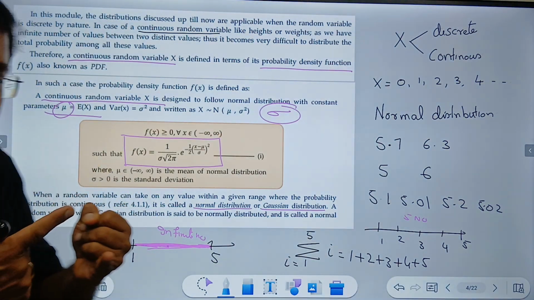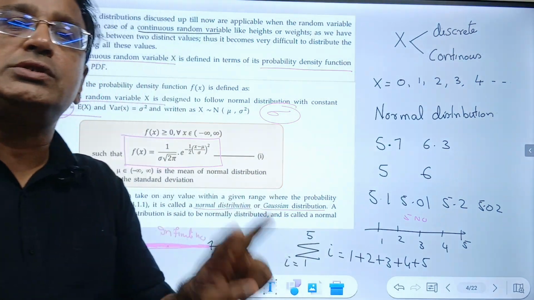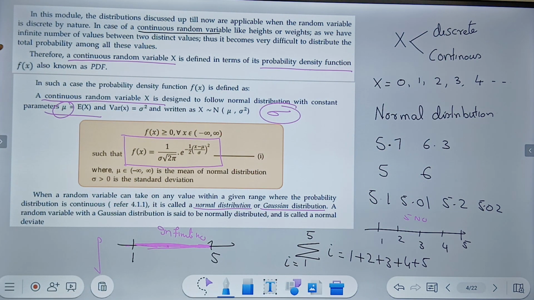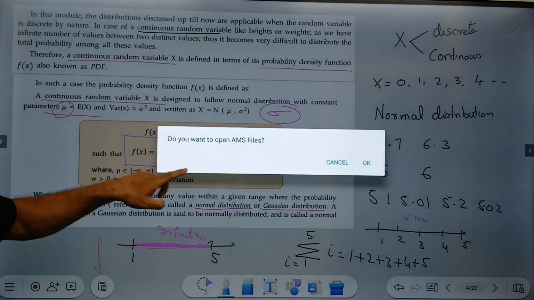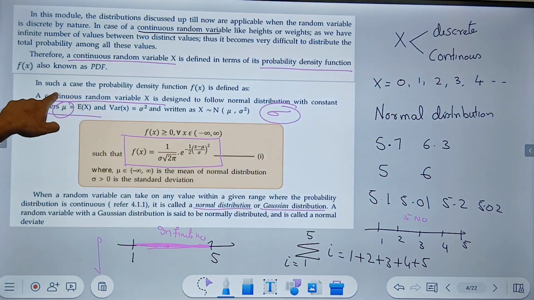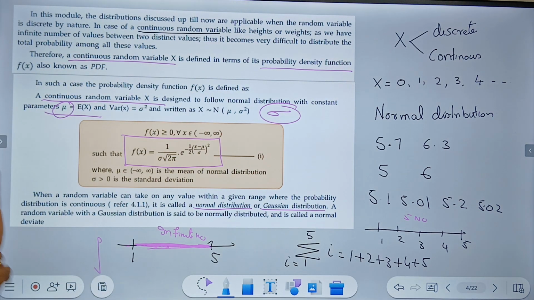For a continuous random variable x, I associate a probability density function called f of x. And how is f of x defined? F of x is defined like this, and f of x is always associated with mean and standard deviation. Don't forget this. I am talking about only normal distribution.